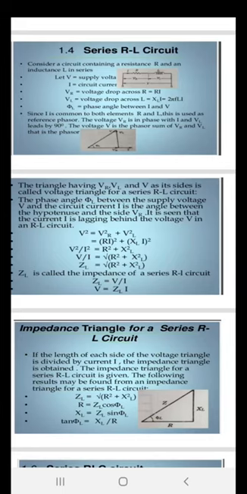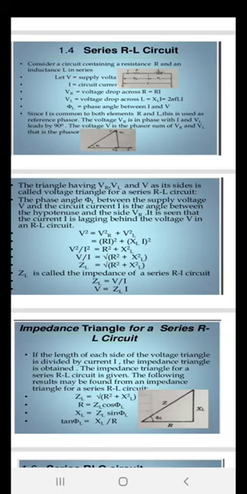V square is equal to VR square plus VL square. Putting the values, V square is equal to (R I) square plus (XL I) square. Dividing both sides by I square, V square by I square is equal to R square plus XL square.